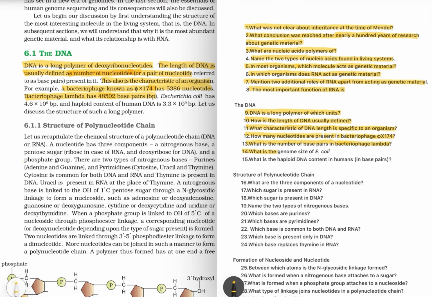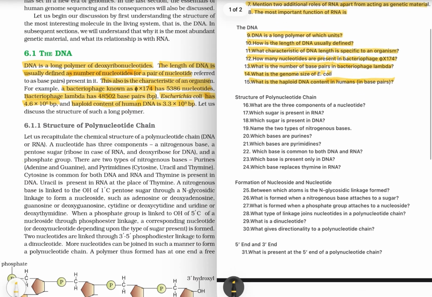What is the genome size of E. coli? E. coli's genome size is 4.6 × 10^6 base pairs of nucleotides. What is the haploid DNA content in humans? Haploid content of human DNA is 3.3 × 10^9 base pairs.